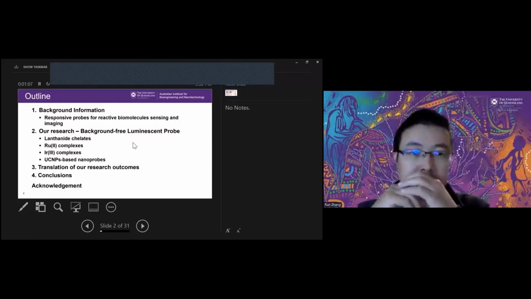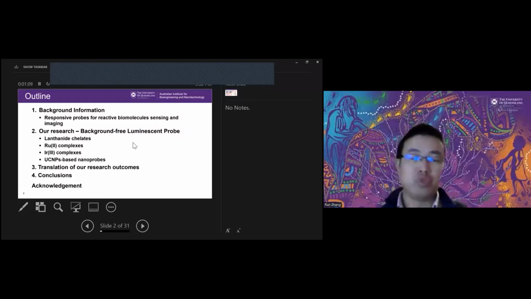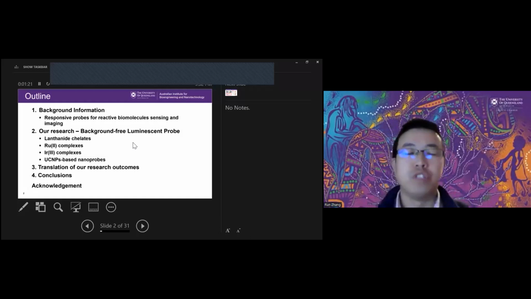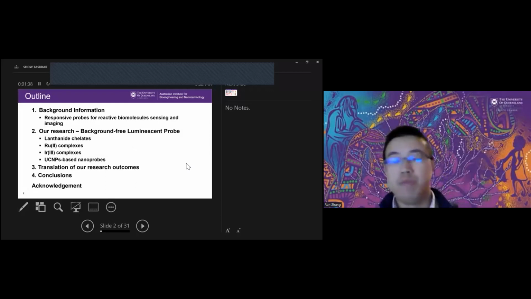In the second part, I will briefly introduce some examples of our research on design of lanthanide chelates and lutetium dyes, iridium dyes, and also the unconventional probes for background-free luminescence detection and imaging. Then in the third part, I will show you some of our efforts to translate our research outcomes to clinical, preclinical, or commercial products, and then we'll make a conclusion for the talk.